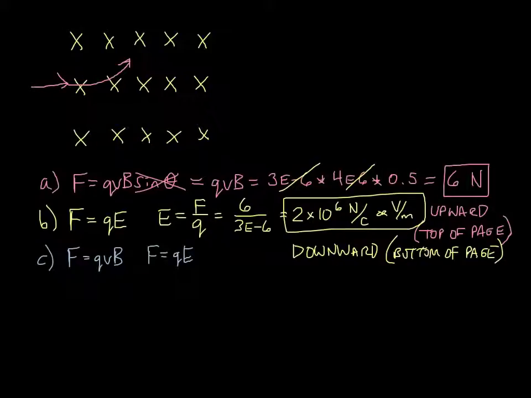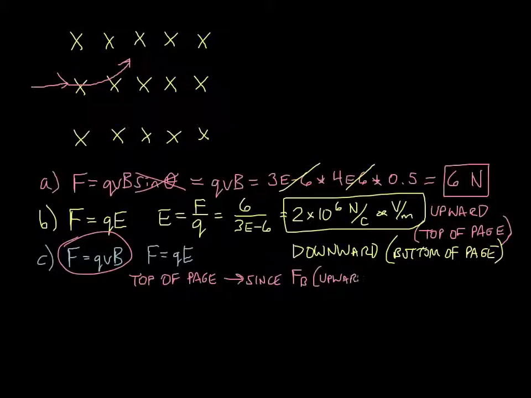Changing the speed would increase the magnetic force, so it would be a stronger upward force, which means that the particle would go toward the top of the page. And your justification could just be, since the FB, which is upward, is now greater than the FE, the force due to the electric field, which was downward.